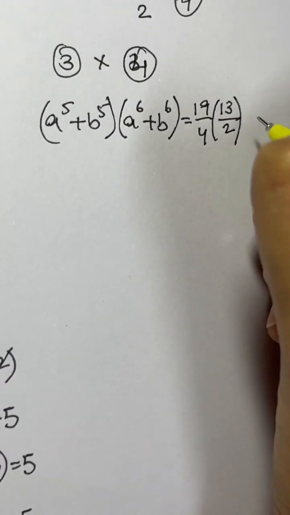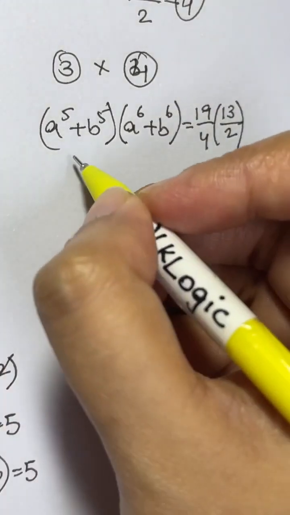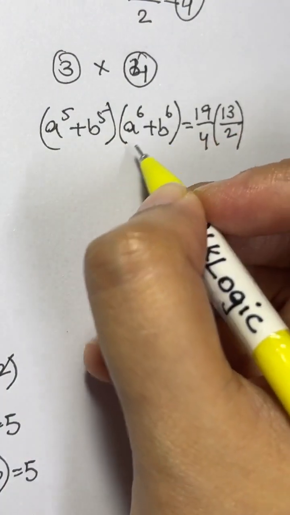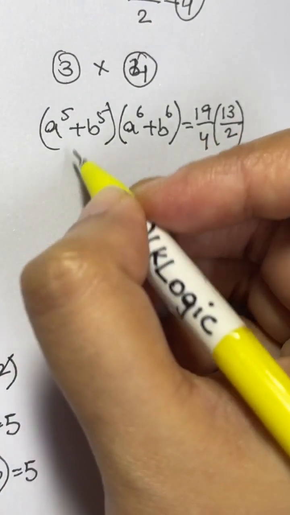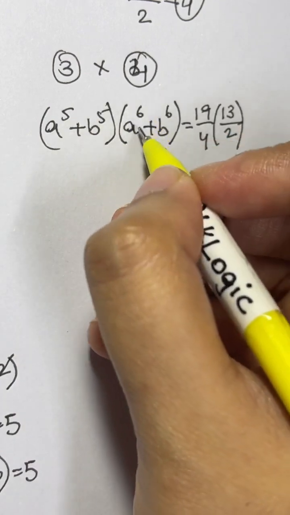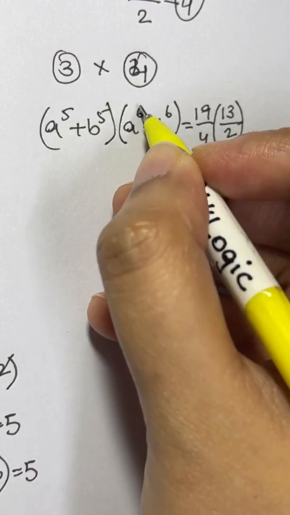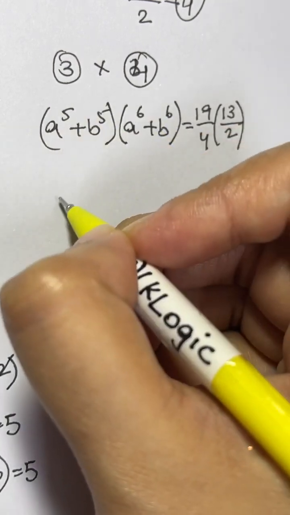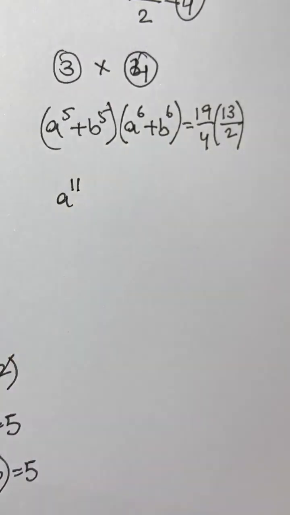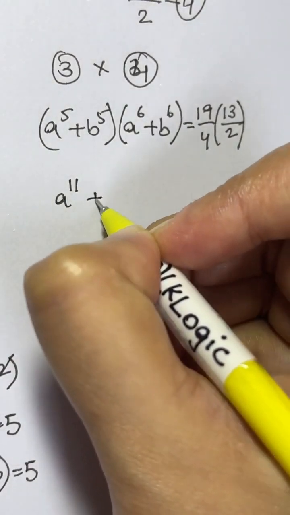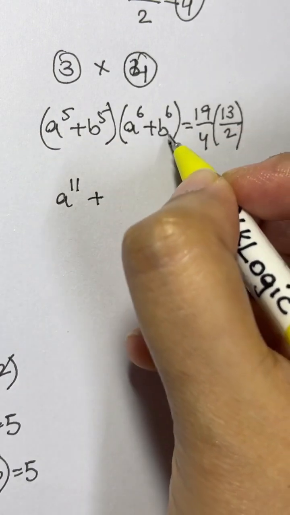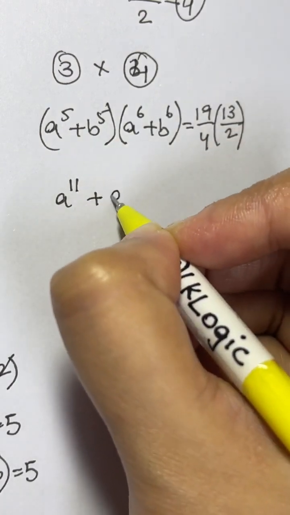That's it. Now we just have to solve for this. So using FOIL method, let's multiply them. A to the power of 5 times a to the power of 6. So add the powers, you have a to the power of 11. Then you have plus a to the power of 5 and b to the power of 6.